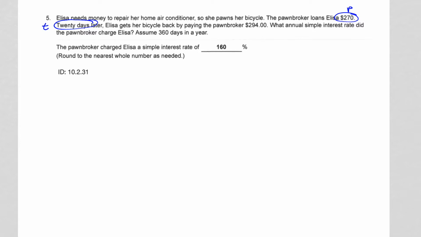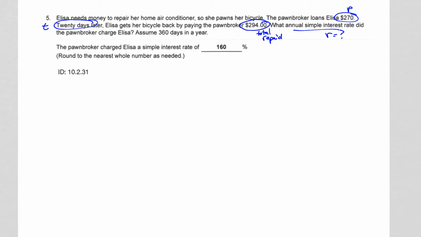Did I say Eliza? Maybe it's Alyssa. I don't know. Alyssa gets her bicycle back by paying the pawnbroker $294. So this is the total repaid. What annual simple interest rate? So the R is the question.